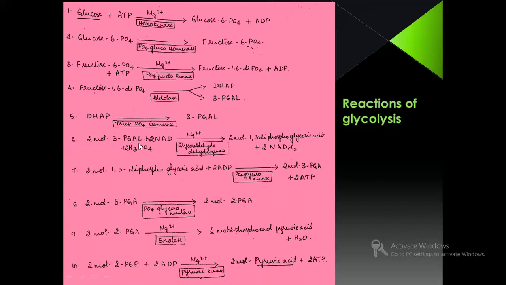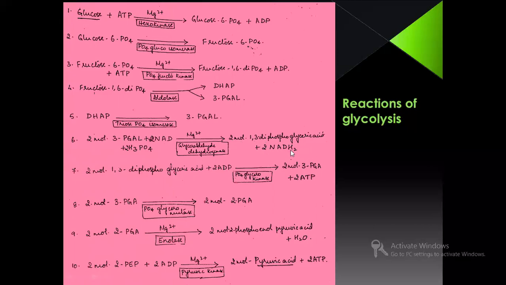Yes, now these 2 molecules of 3-phosphoglyceraldehyde in the presence of NAD, that is your nicotinamide adenine dinucleotide, and phosphoric acid, they get converted into 2 molecules of 1,3-diphosphoglyceric acid, and here you can see there is conversion of NAD into NADH2, 2 molecules of NADH2.